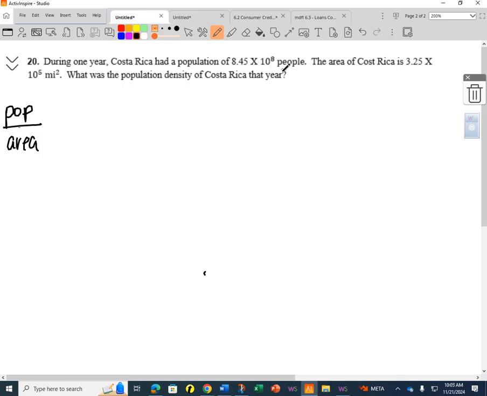The population is labeled with people, the area is labeled with some unit of measure. So the population, 8.45 times 10 to the 8th power, is divided by, it's a fraction, that's what the fraction bar means, 3.25 times 10 to the 5th power.